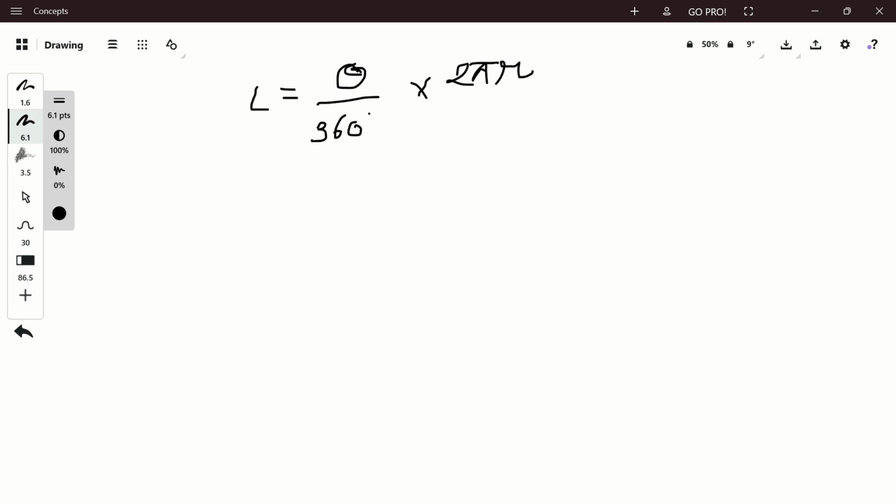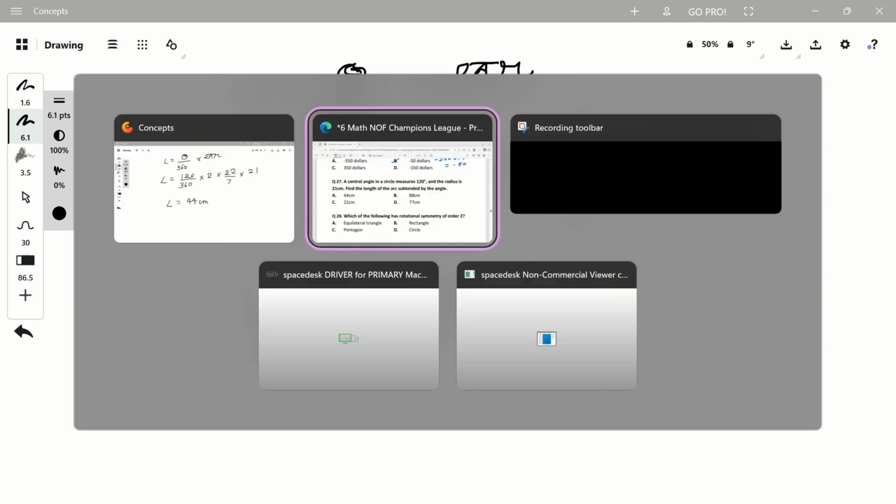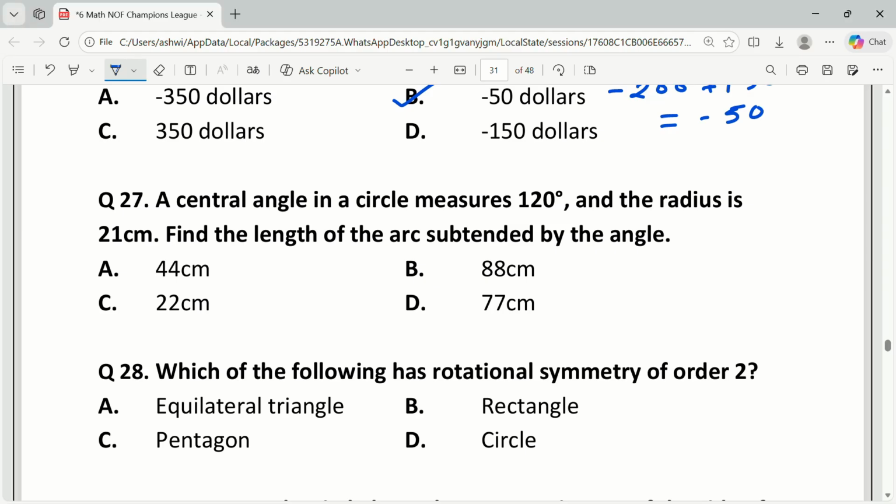Given theta is 120, r is 21 centimeters, and using pi as 22/7, we have L is equal to 120 upon 360 into 2 into 22 upon 7 into 21. Solving for L, we have L is equal to 44 centimeters. Comparing with the options, the answer is A, 44 centimeters.